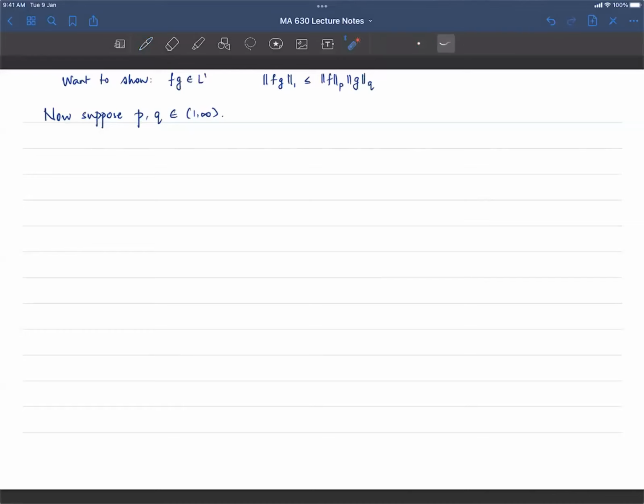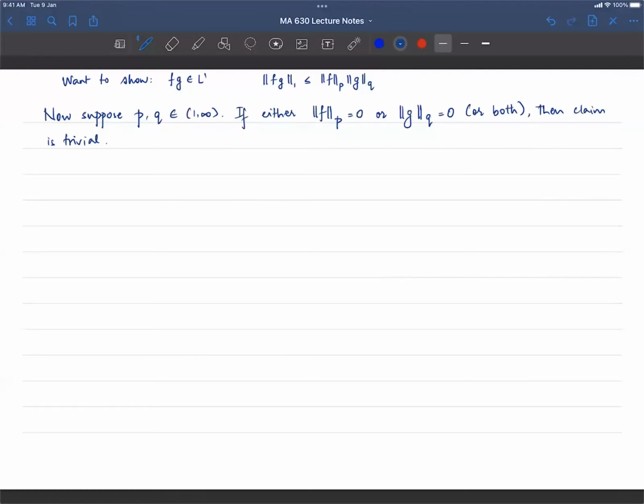Now, do you agree that this will trivially be true if either the norm of F in P is 0 or the norm of G in Q is 0 or both? Then the claim is trivial. Do you guys agree with that?